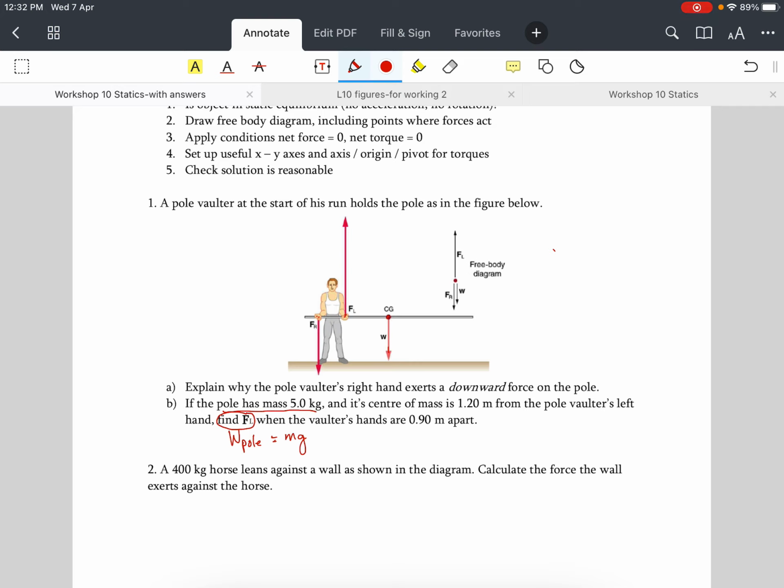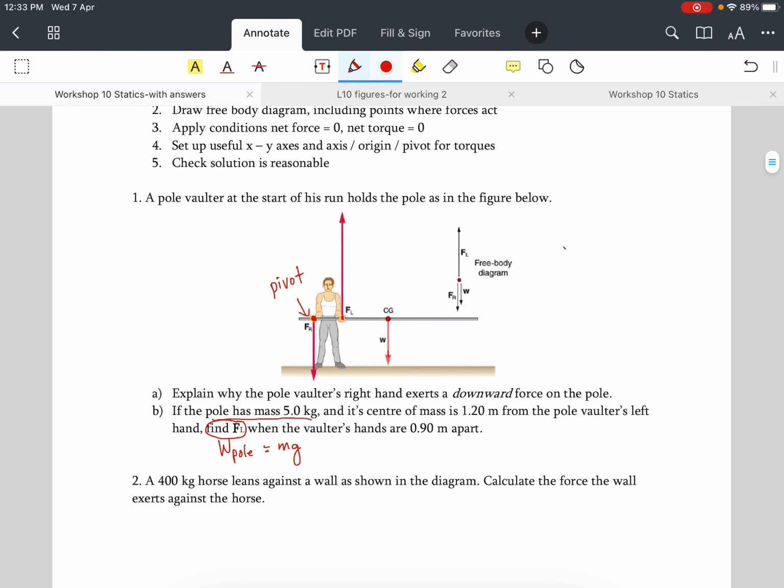So we can either put our pivot point at Fr or at Fl. If I put the pivot point at Fl, then that would eliminate Fl, and we will be able to solve for Fr, after which we can solve for Fl. Or I can put the pivot point at Fr and solve the torques about the pivot point at Fr.